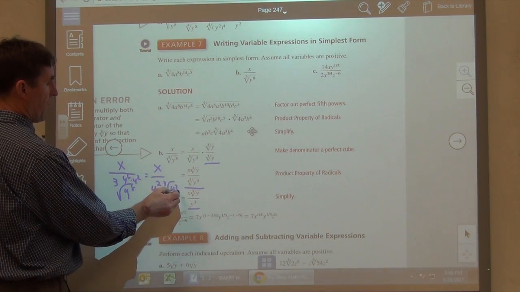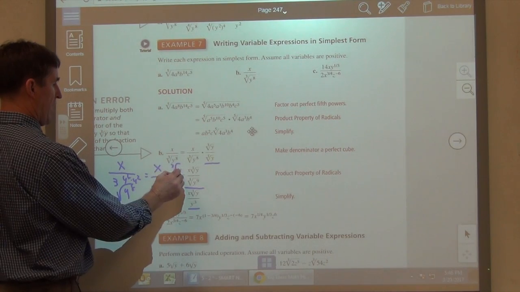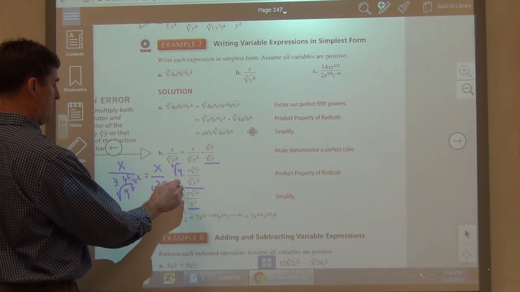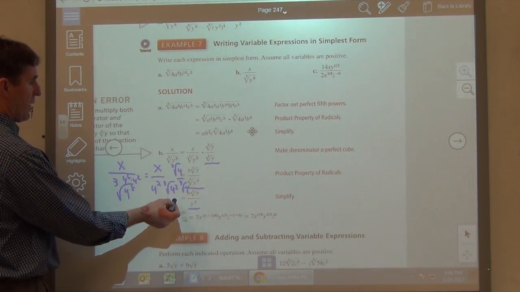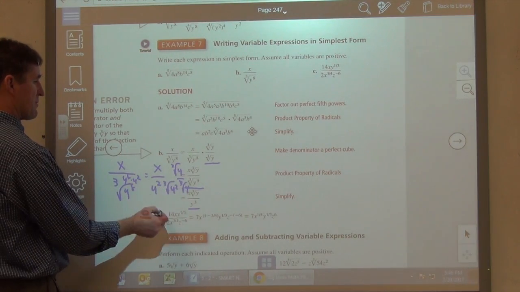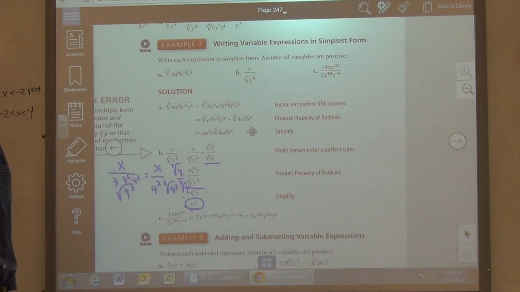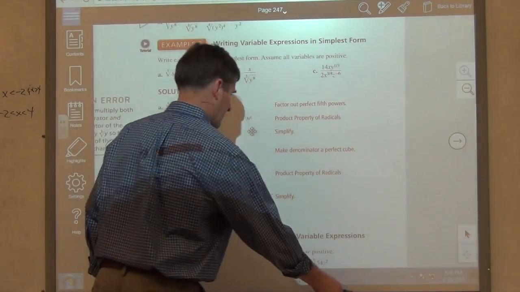Because I have two y's and need one more, I multiply by the cube root of y over the cube root of y. Then y squared plus y would be y to the 3rd. So you get a y there times the y squared, which gives us that y to the 3rd again, and you get the same answer. Sometimes people like to break it up into smaller pieces.